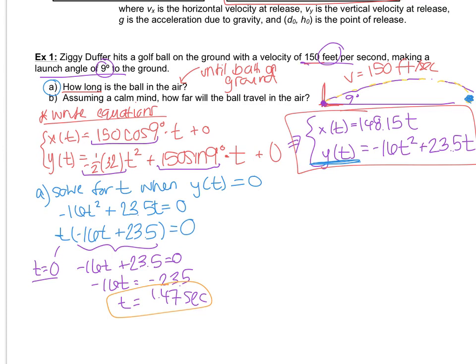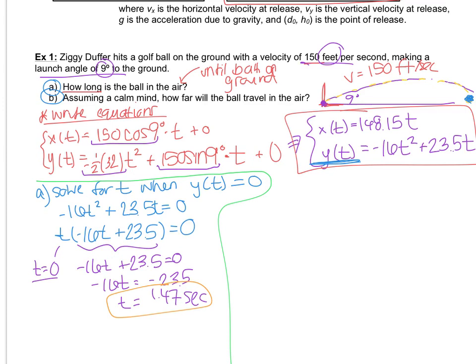The next question will pull from what we just did. So this was part A, again, which was just asking how long is the ball in the air. Solve for t when y equals 0. Part B is saying, how far will the ball travel in the air? How far has it gone? Meaning, what is that x value all the way over here when that ball finally hits the ground?